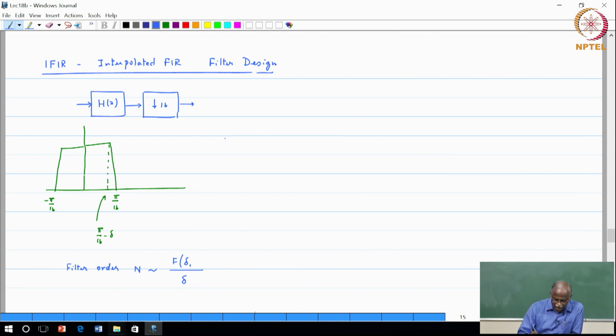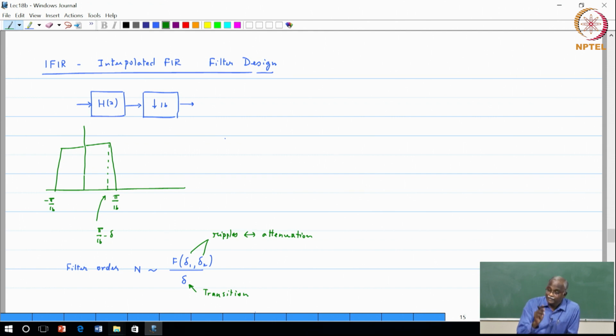If delta 1 is the ripple of the pass band and delta 2 is the ripple of the stop band, the smaller you want them, the higher the filter order is going to be. Ripple can also be interpreted as attenuation: the higher the attenuation, the lower the ripples will be. So, this is the form that we have.